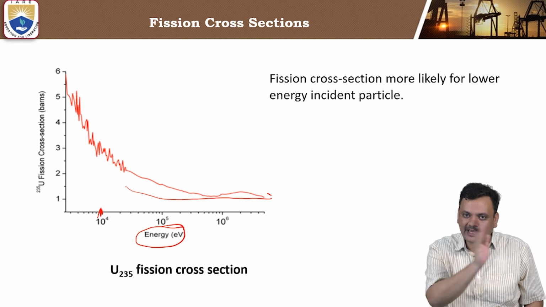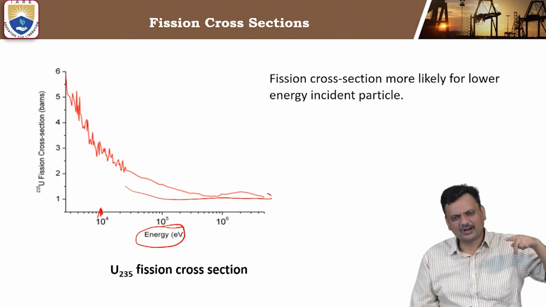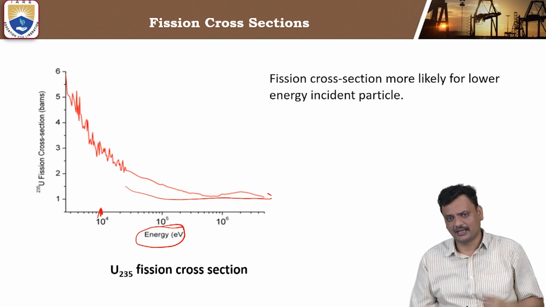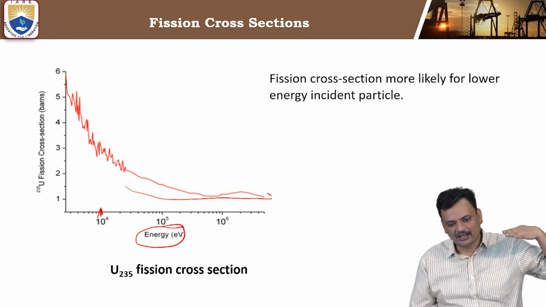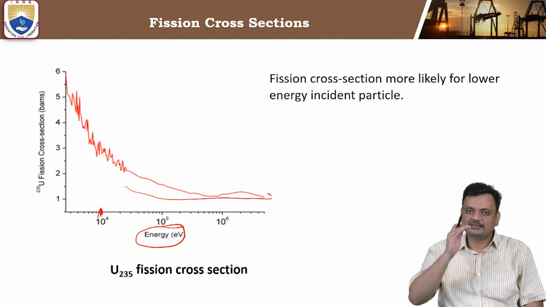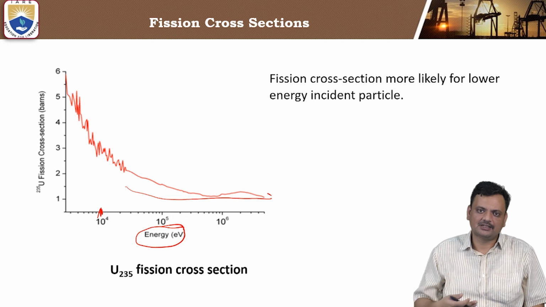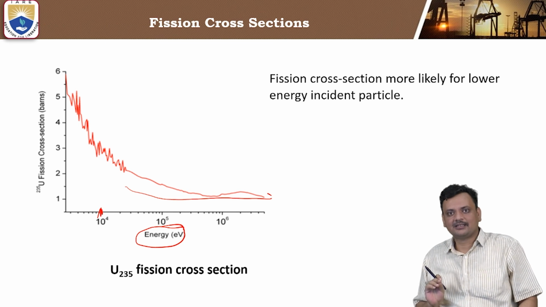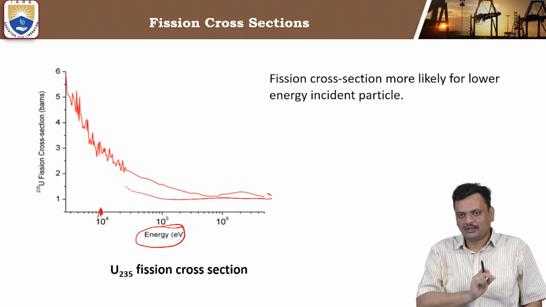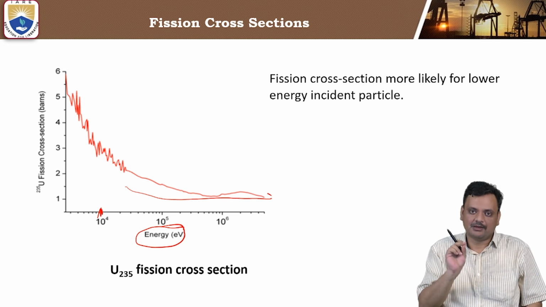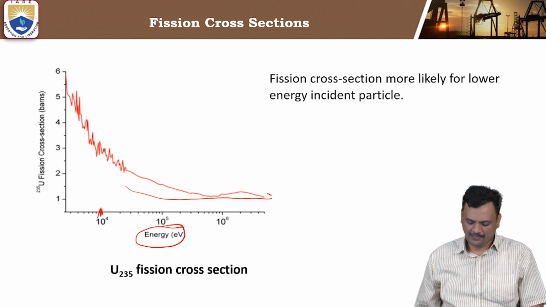So we should take care of the incident neutron or any incident particle energy, so that it can penetrate the barrier and reach the cross-sectional region where different kinds of nuclear reactions take place. And for getting the fission process, we have to be selective so that fission will take place.